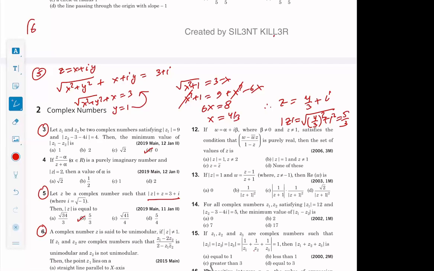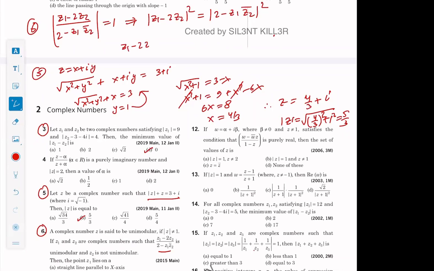Now see question number 6. This one is unimodular. So the modulus of (z1 minus 2 z2) upon (2 minus z1 z2 bar) is 1, because it is given that it is unimodular. So |z1 minus 2 z2| is equal to |2 minus z1 z2 bar|, square it.